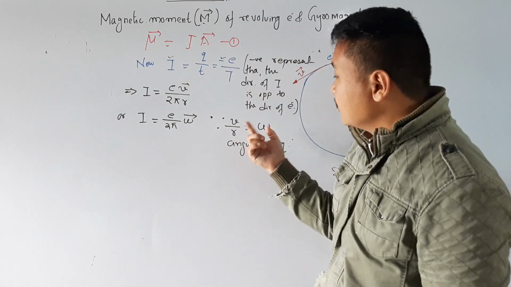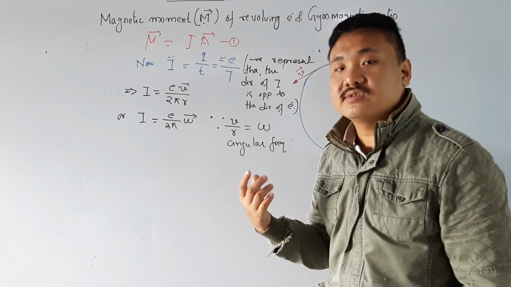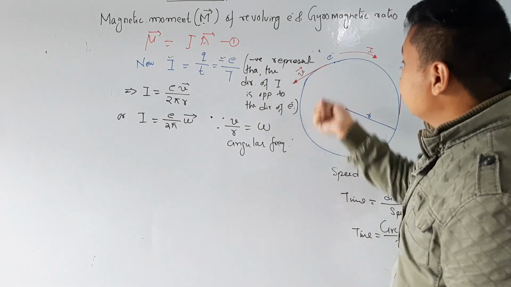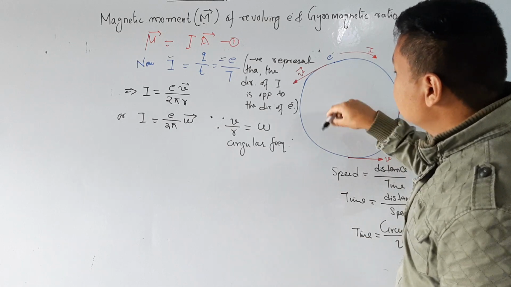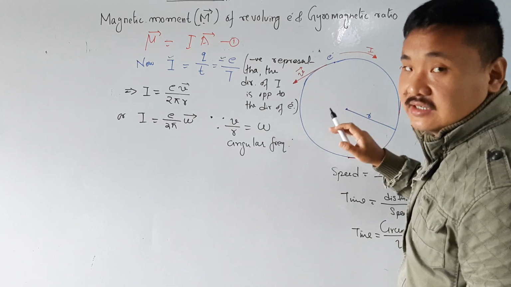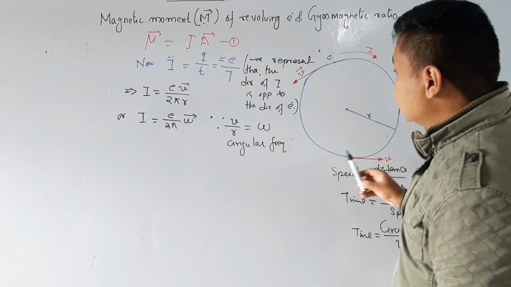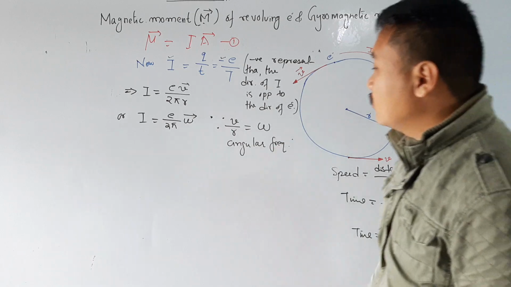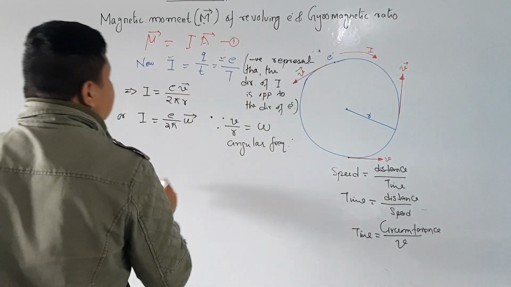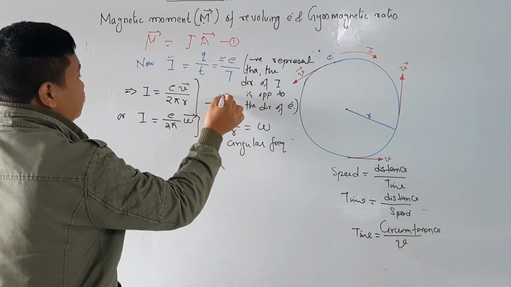So V by R is my omega, which is angular frequency. Angular frequency means this is moving in a circular fashion, so it is making 360 degrees in one complete cycle. So it is making an angle with a certain frequency, and that is called angular frequency. Need not be worried about this. So this equation is my equation number 2.